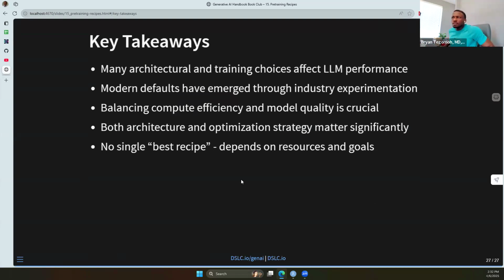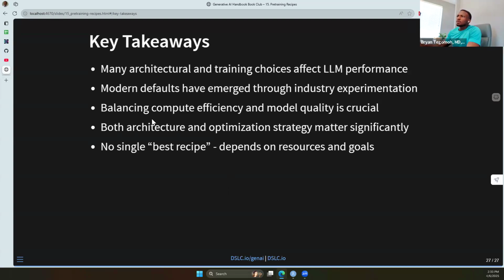So the key takeaway from this chapter is that many architectural and training choices affect large language model performance. Modern defaults have emerged through industry experimentation, but I think as AI continues to expand and grow, we will see new and better architectural methods being implemented.